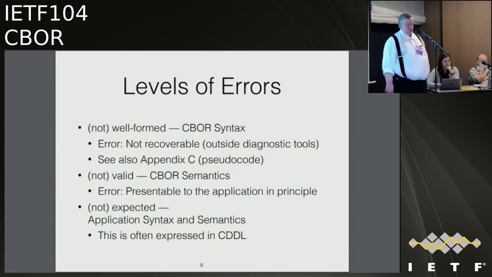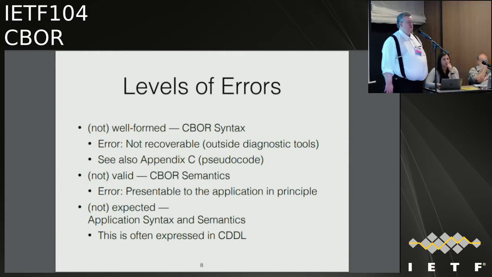And then second, we have validity, which is on the semantic level. Validity errors do not stop the possibility of presenting something to the application, but it might come to the application in a much less chewable form than valid stuff.